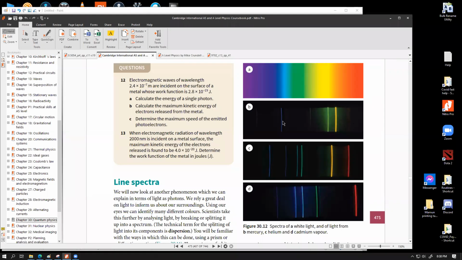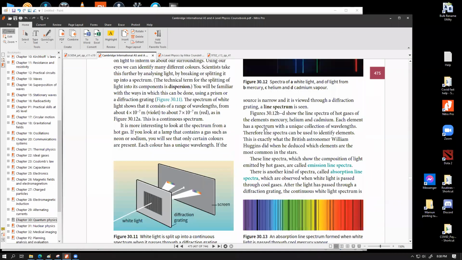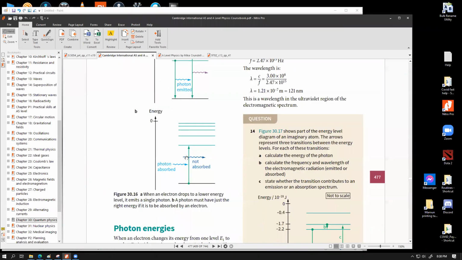But in the case of absorption, they only absorb those photons which are convenient for them to make a certain jump from one level to the level above, something that is shown over here. For example, if you are sending a photon that has an energy up to this much level, that photon will not be absorbed by this element.